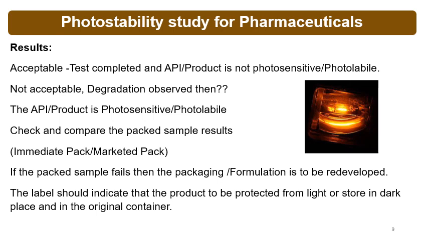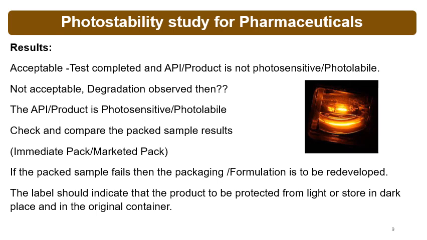Compare all these, and if you find that the packed sample is not failing, then you can conclude that the product is passing and the packaging system is protecting the formulation from the effect of light. The second condition may be that the packed sample is failing. In that case the packaging system or formulation is required to be redeveloped.